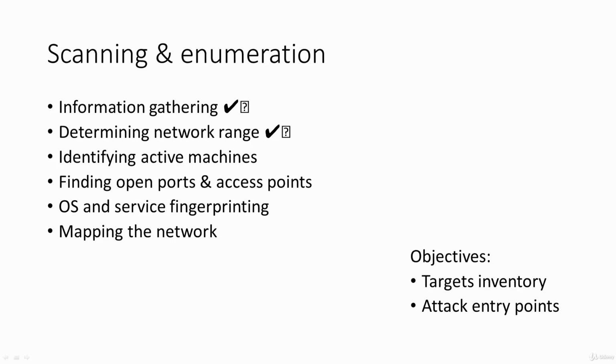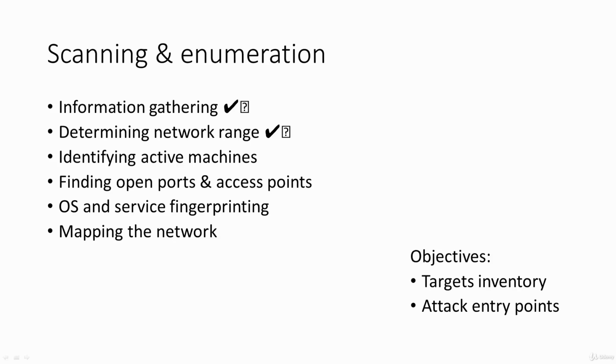And scanning and enumeration, of course, is all about the network type of penetration testing. It does not involve any wireless activities or any social engineering tricks, right? So what is left from this scope of activities that we have to perform by scanning and enumerating the assets?